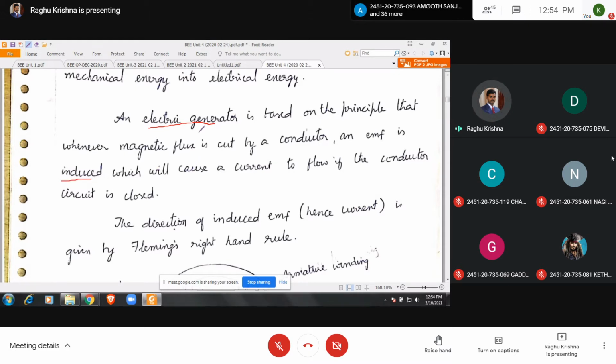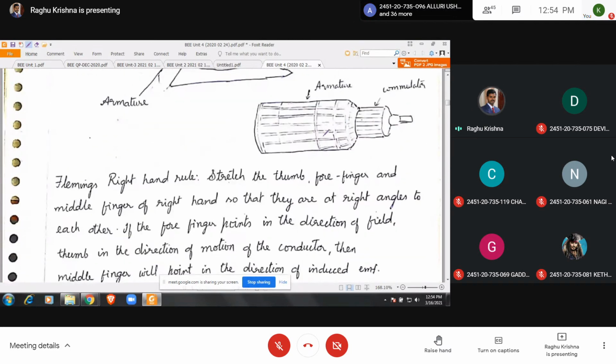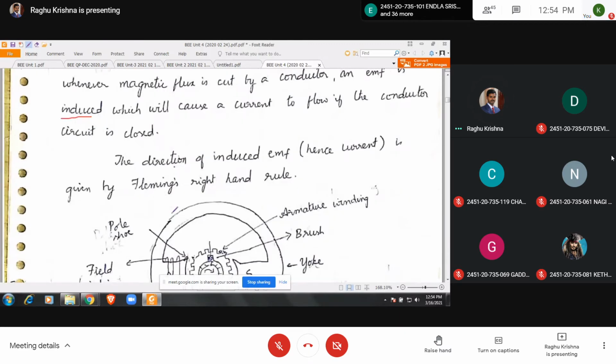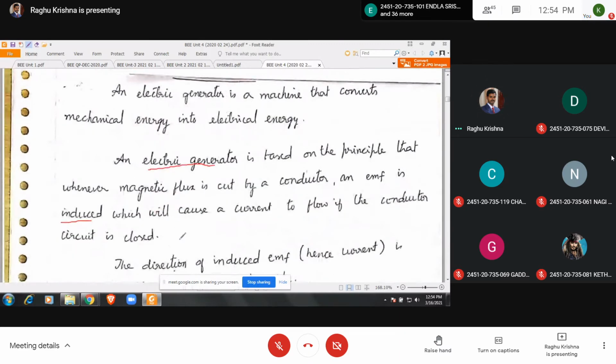In a generator the conductor is cutting the magnetic flux, or you can say flux is cut by the conductor. Whenever magnetic flux is cut by a conductor, an EMF is induced. This induced EMF is a dynamically induced EMF.